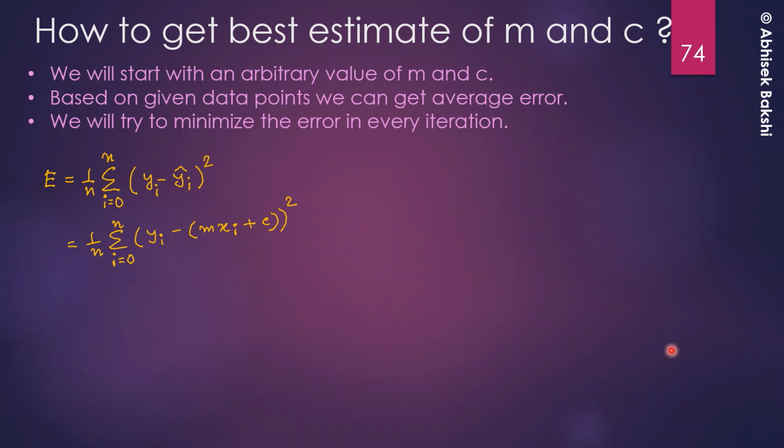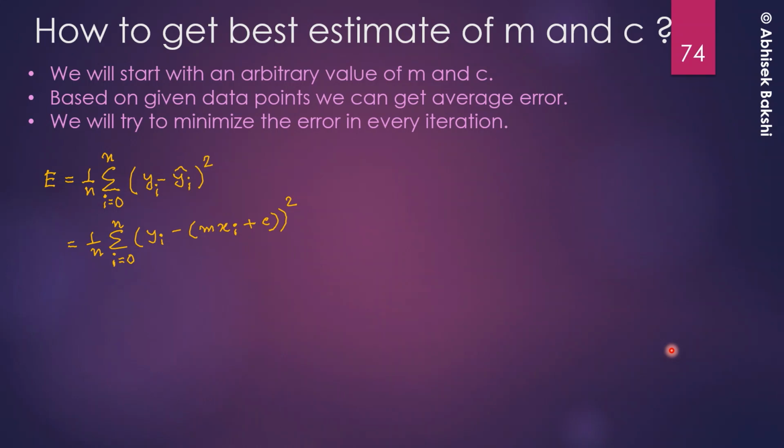Now you can ask me why this squared? The square is because, first thing, it will be easier when we do some mathematics on this. Second point is that if you have an actual value 3, and you have got value 7, so 3 minus 7 is minus 4, right?